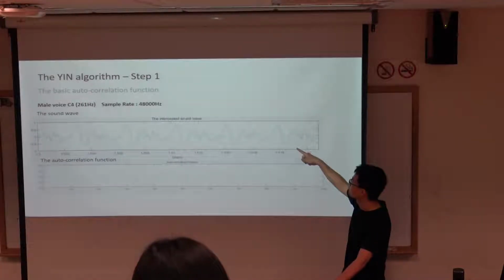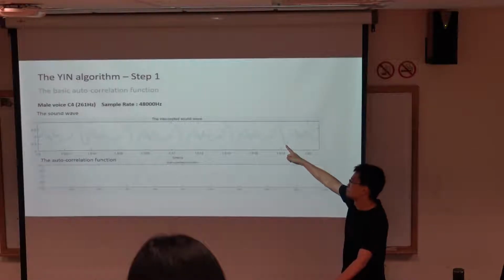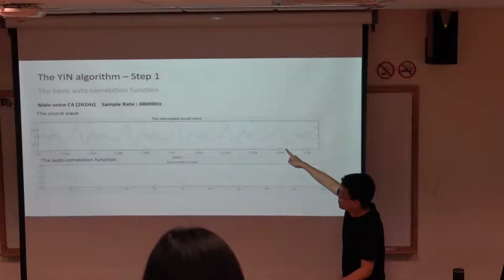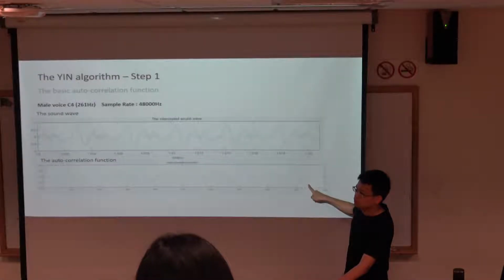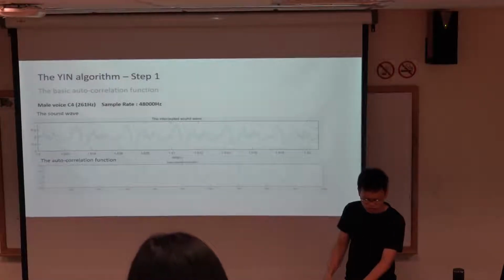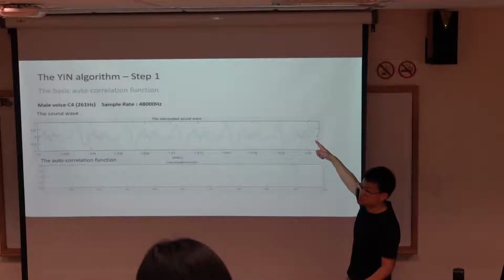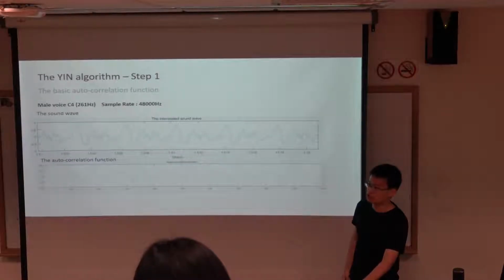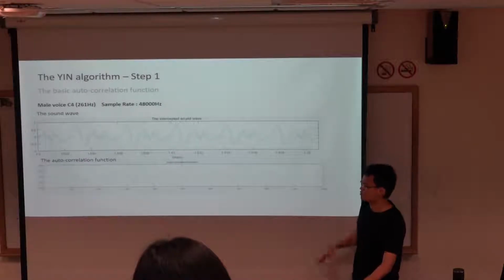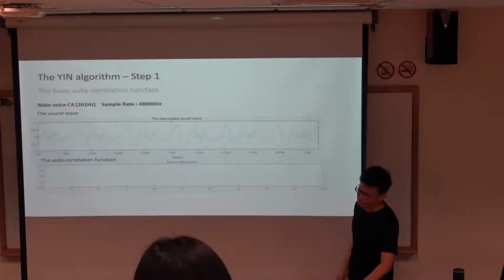Another question you might ask is why we don't just do a DFT on this and choose the lowest frequency partial. That would be easier, right? However, in real signals, there will be a lot of noise.